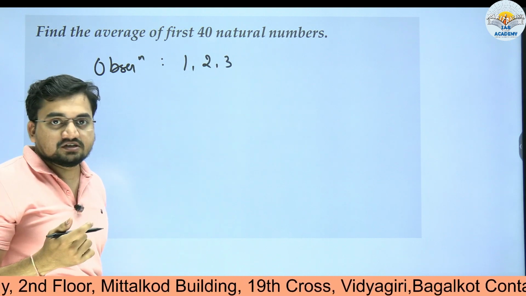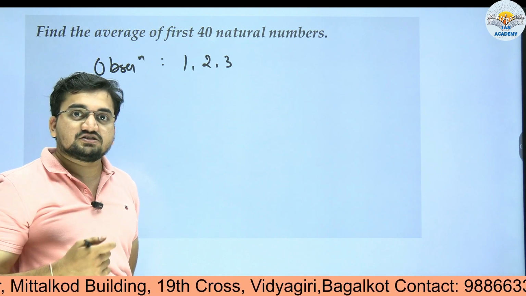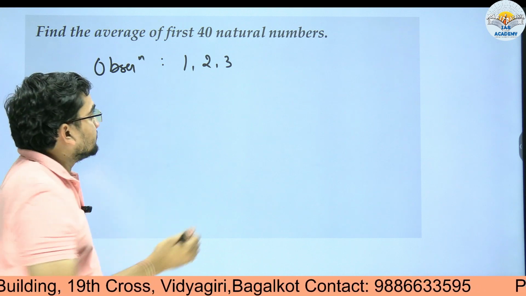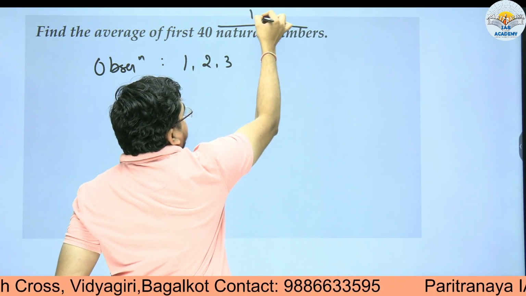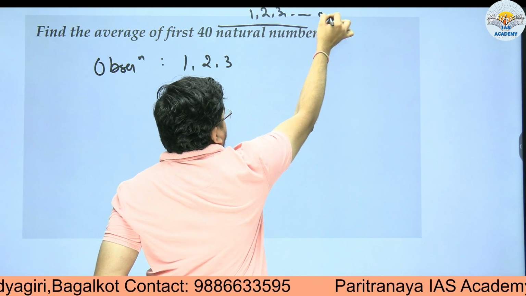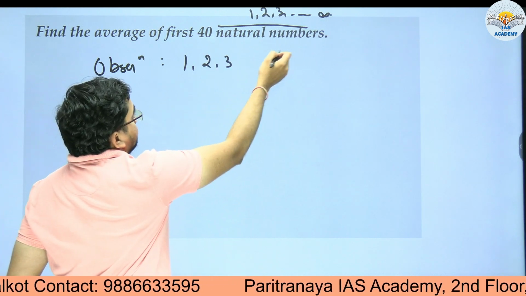Natural numbers start from 1, not 0: 1, 2, 3, 4 up to infinity. So natural numbers are the set of numbers starting with 1, 2, 3 up to infinity. They have given 40 natural numbers.